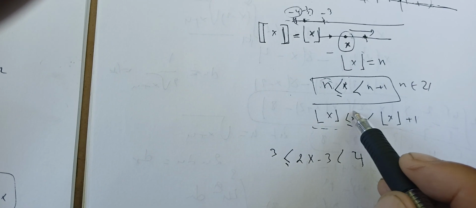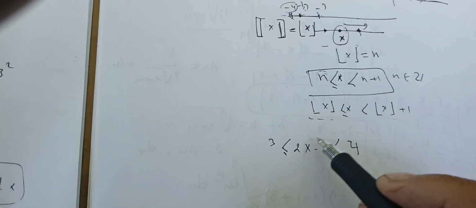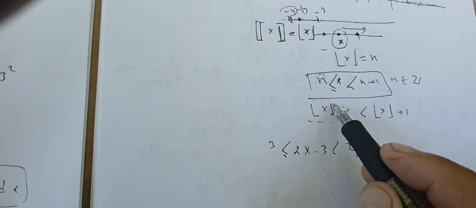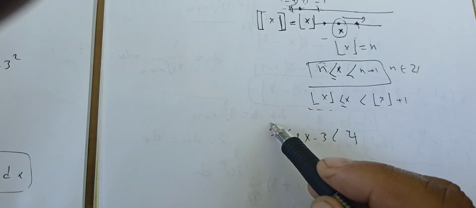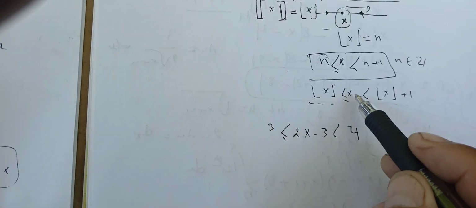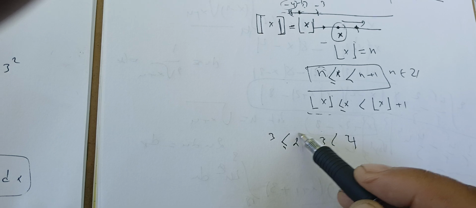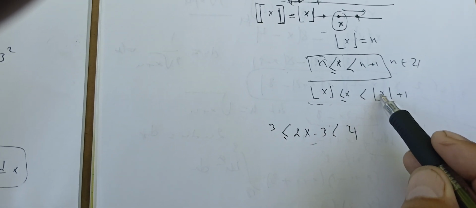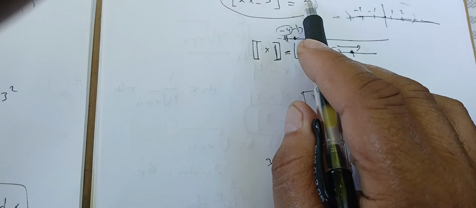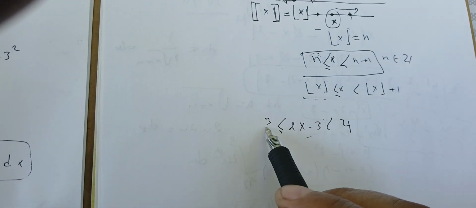Remember, this is our x here, so our x is 2x minus 3, and this is the floor function, which is equal to 3, because it's in Z. That's why we have this one. Think of this one as our big X, and these are the values in Z. In this case it is 3 plus 1, which is 4, and 3.